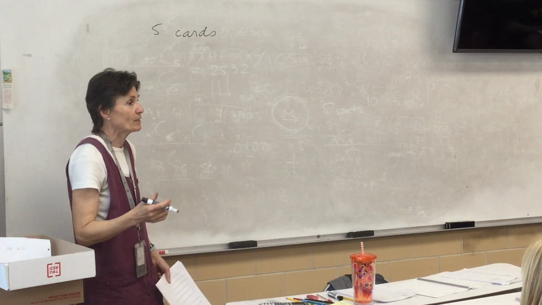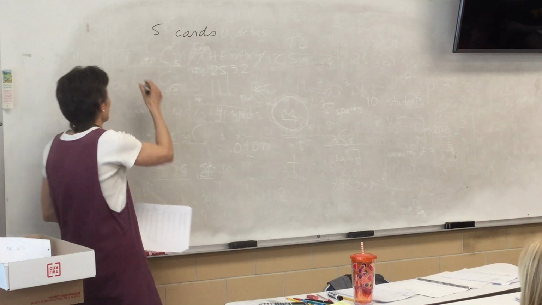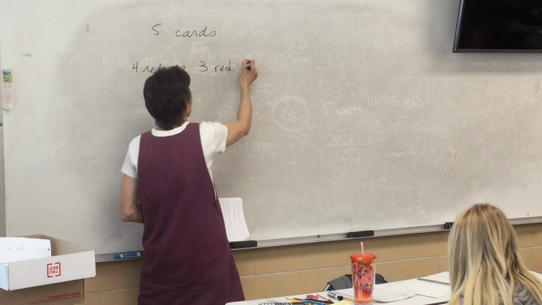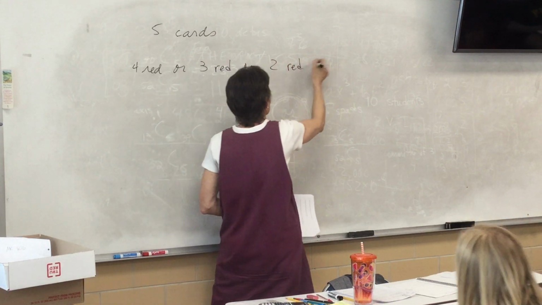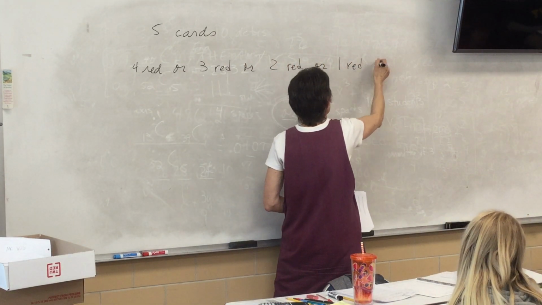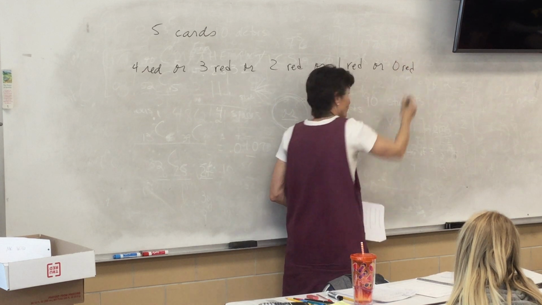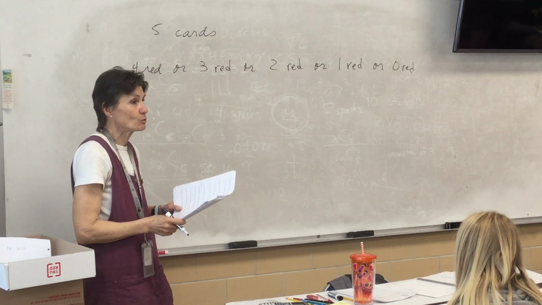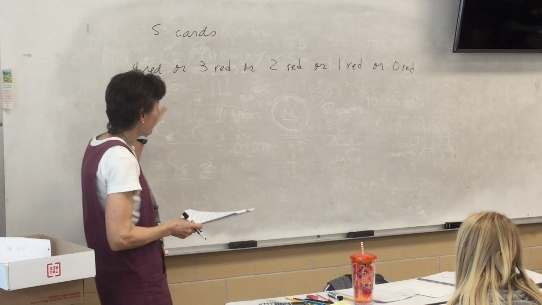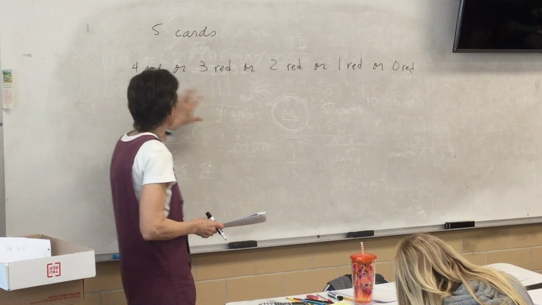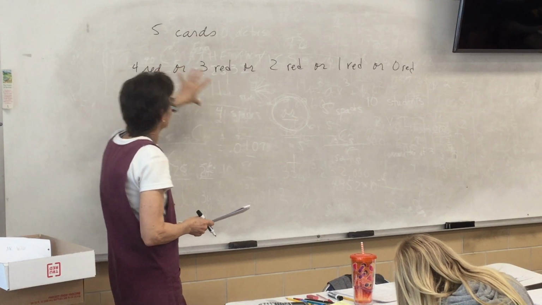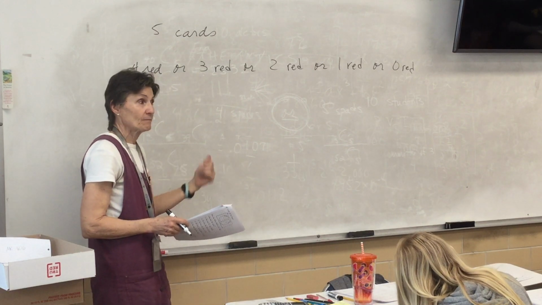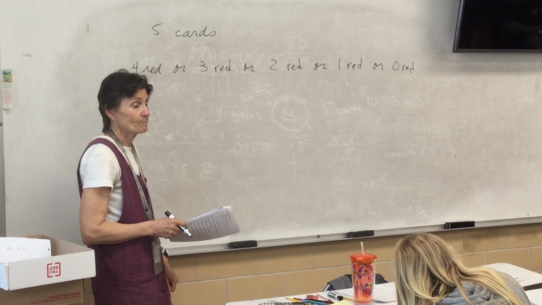We could have 4 red, or 3 red, or 2 red, or 1 red, or no red. Would you agree with that? Were you listening to the conversation Sir and I were just having? You don't shortcut this. If this is how you're gonna set the problem up, then you do this case, this one, that one, and add them up. It's definitely doable, but it takes a long time.